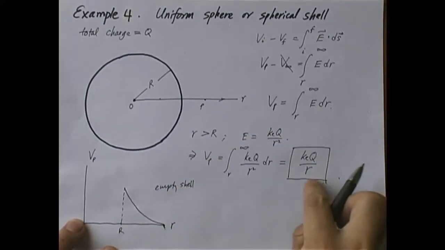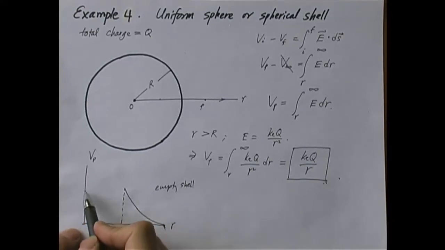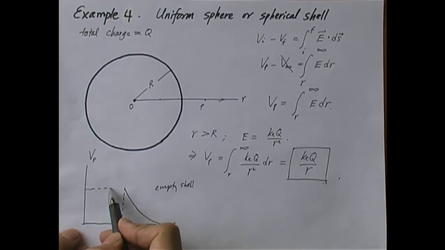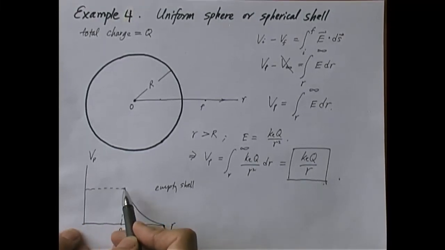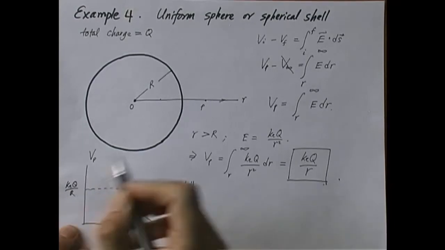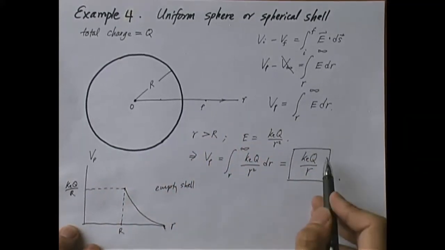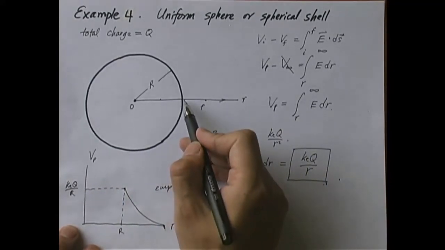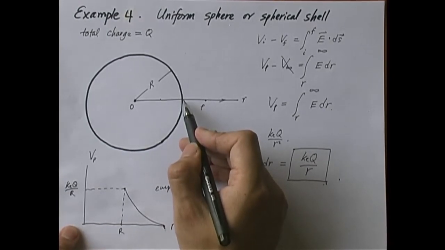At that particular location, what is the value of the electrostatic potential? It is equal to KQ over big R, right? KQ over big R. So you can use that formula all the way up until the surface of the conductor of the shell, but you cannot go in.